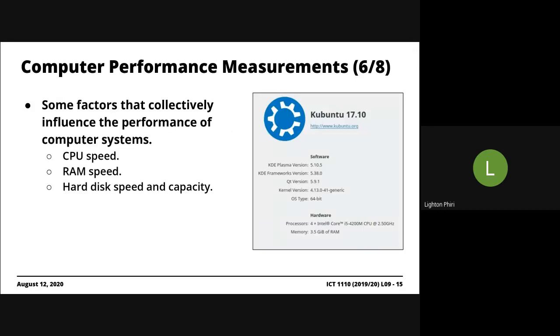So again, collectively, the things that influence the performance of the computer system are details associated with the CPU, capacity of the RAM, speed of the RAM, the speed of the hard disk, and to a certain extent, maybe the capacity of the hard disk as well. This would be in instances where you might want to convert some aspect of your hard disk into virtual memory.